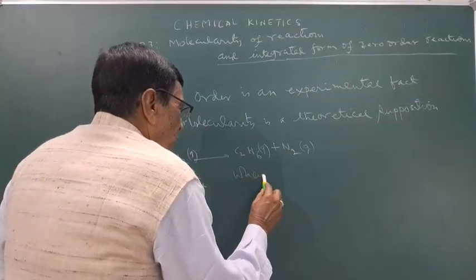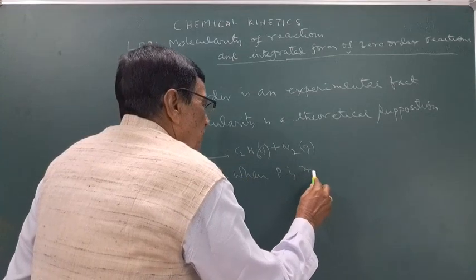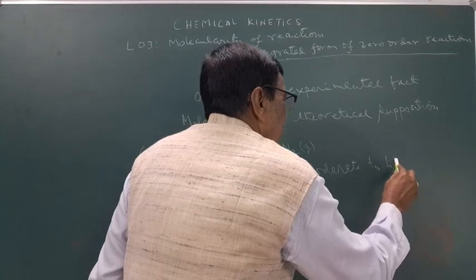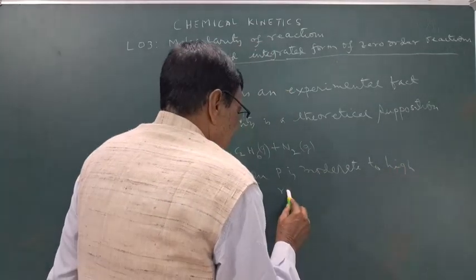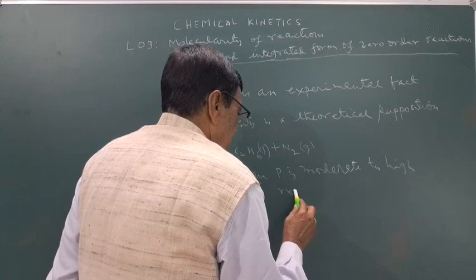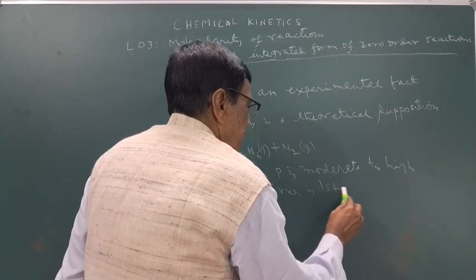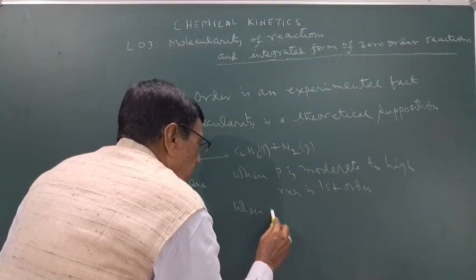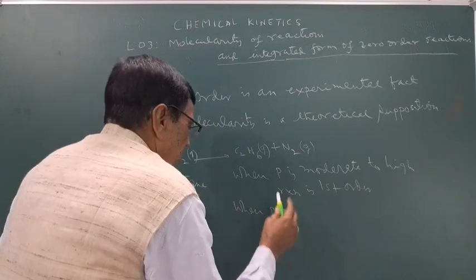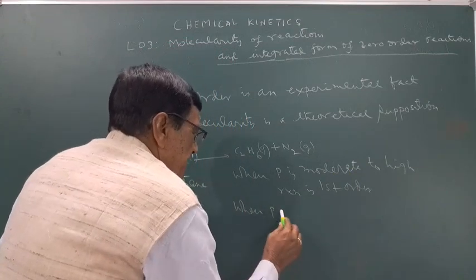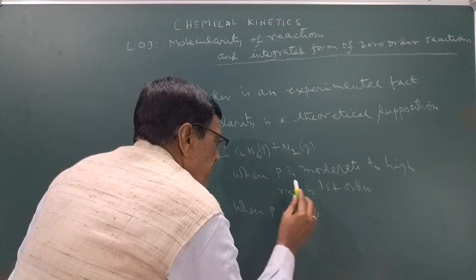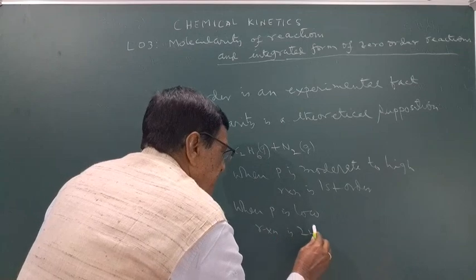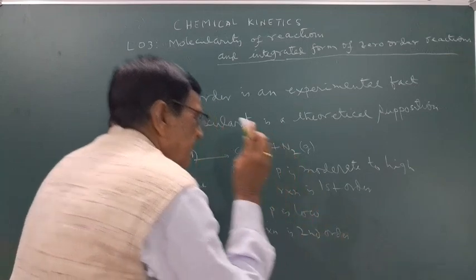When pressure is moderate to high, the reaction is first order. But when the pressure of this reaction chamber is low, the reaction is second order.